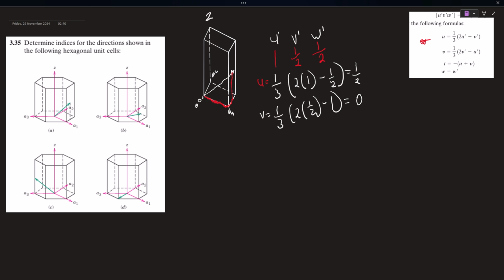Cool. Then for our T, which is negative, open bracket, our U that we just found, 1/2, plus 0, which is equal to a negative half. Then our W is always equal to W.